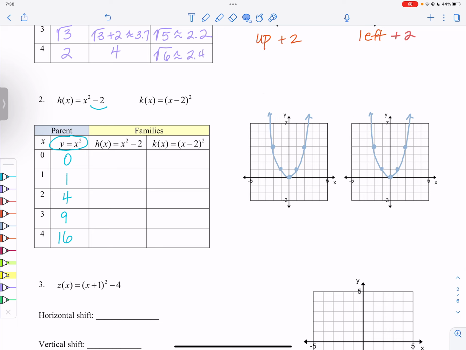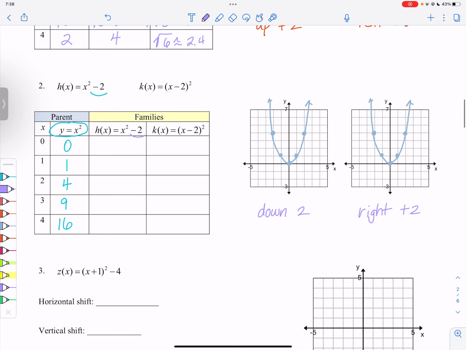There we go. Okay, so let's go ahead and plug these points in first and see what we have. This time, the -2 is on the outside. So here, we're going to be going down 2. And then here, we're going to be going to the right 2. Okay, but let's go ahead and get these points first.